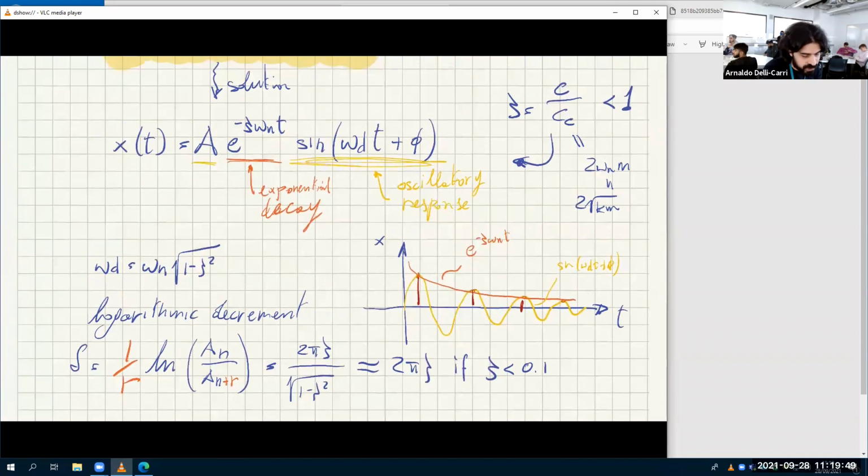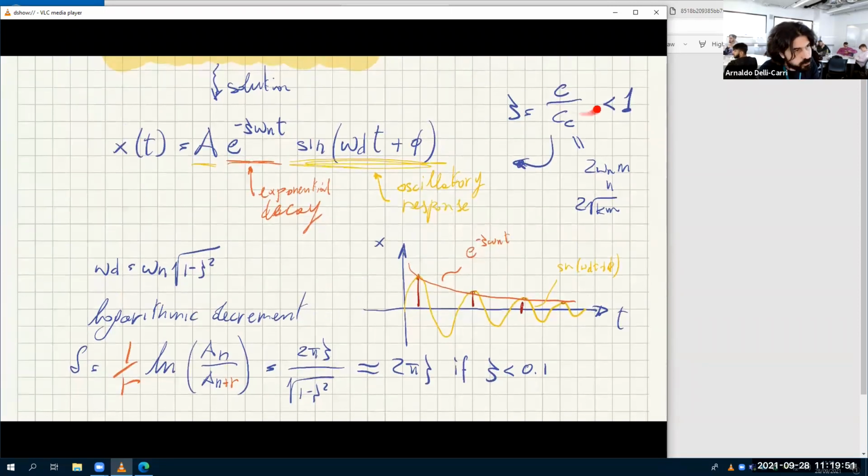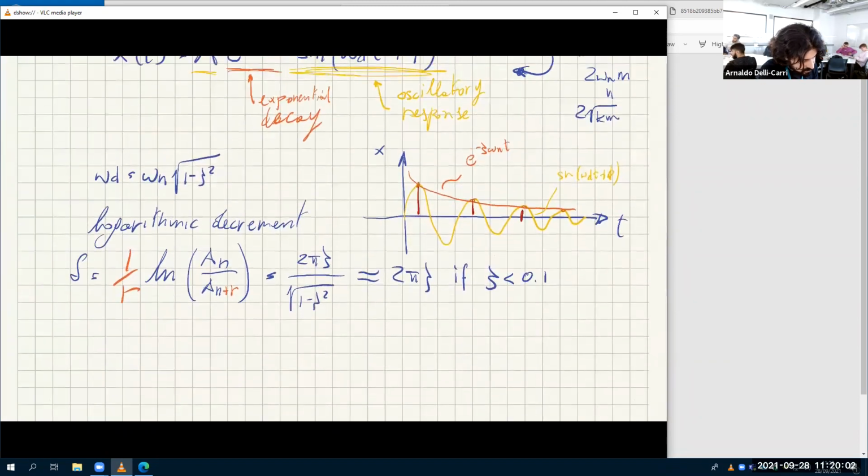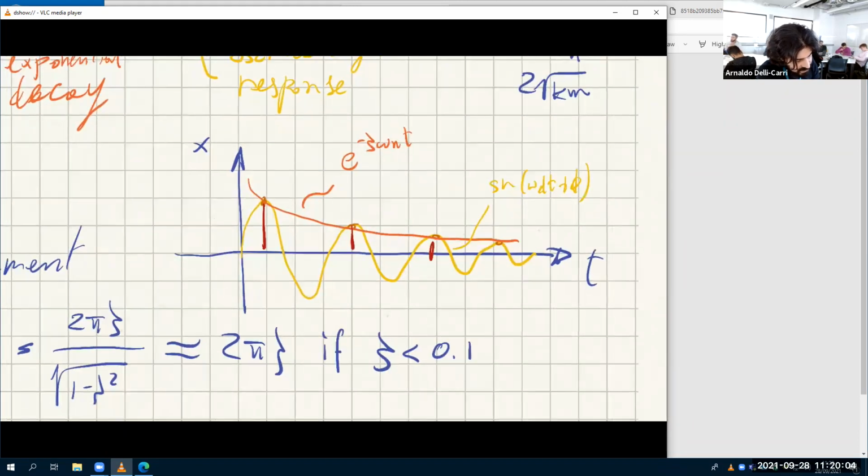We didn't talk about what happens if zeta is equal to 1 or zeta is greater than 1. Well, if zeta is equal to 1, the solution looks like this. Okay, so it's just an exponential decay that doesn't overshoot.